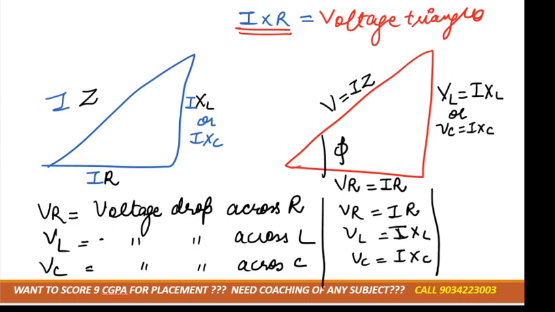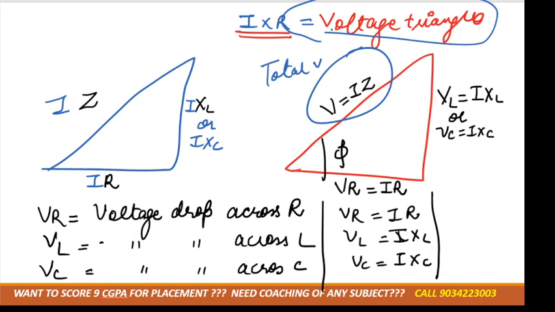And what is V? V is basically the total voltage, that is V is equal to I into Z. This is the voltage triangle. If anyone asks you about the voltage triangle, then in that case you can calculate it. Understood?